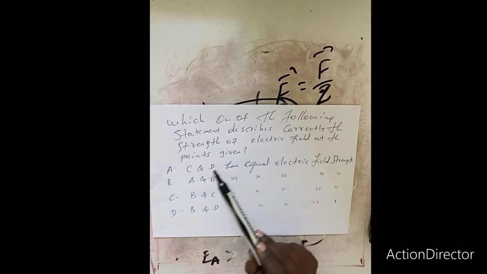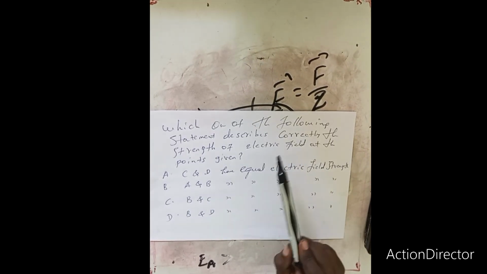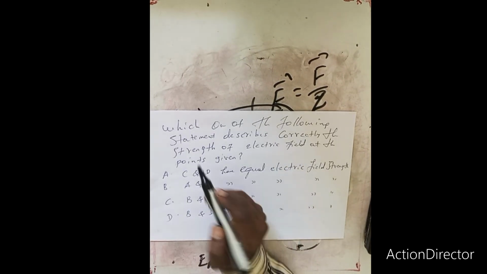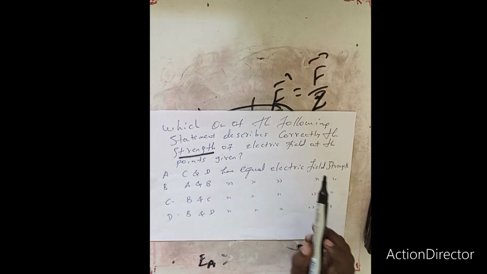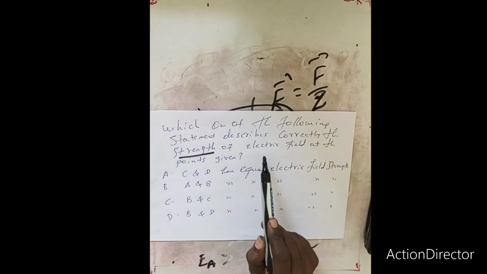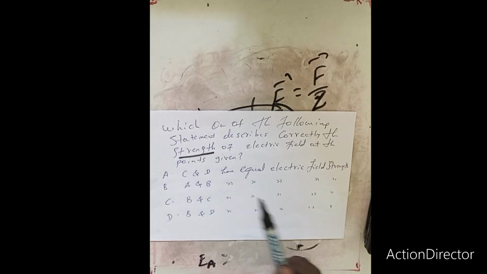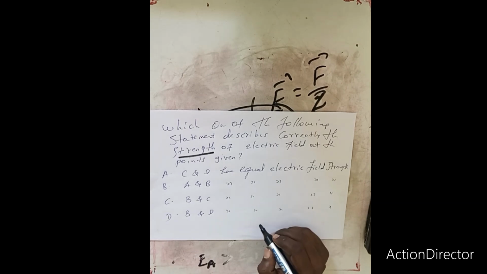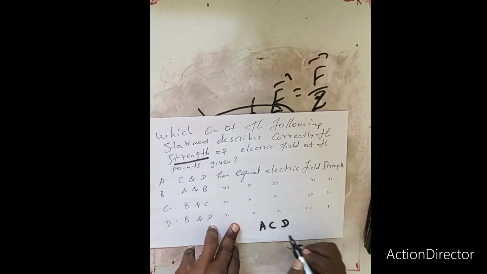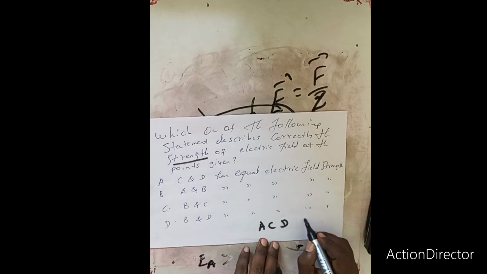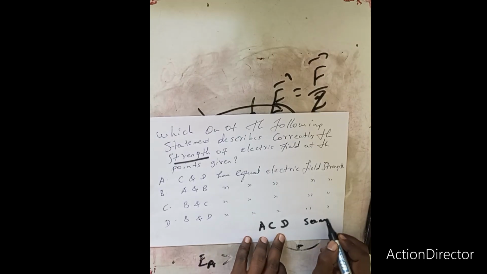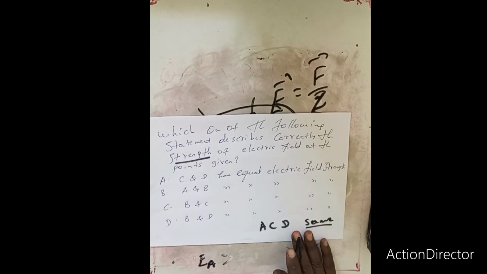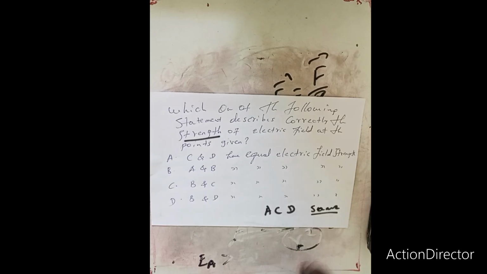For example, describe correctly the strength of the electric field. Strength only, it asks strength only. There is no inclusion of direction at the point given. So we already found that A, C, and D have the same electric field, the same strength, but the direction is different.